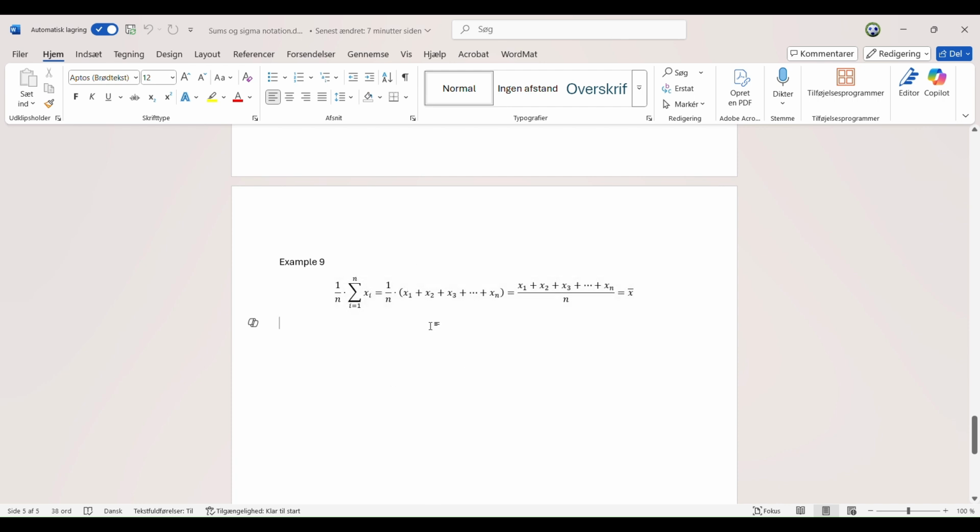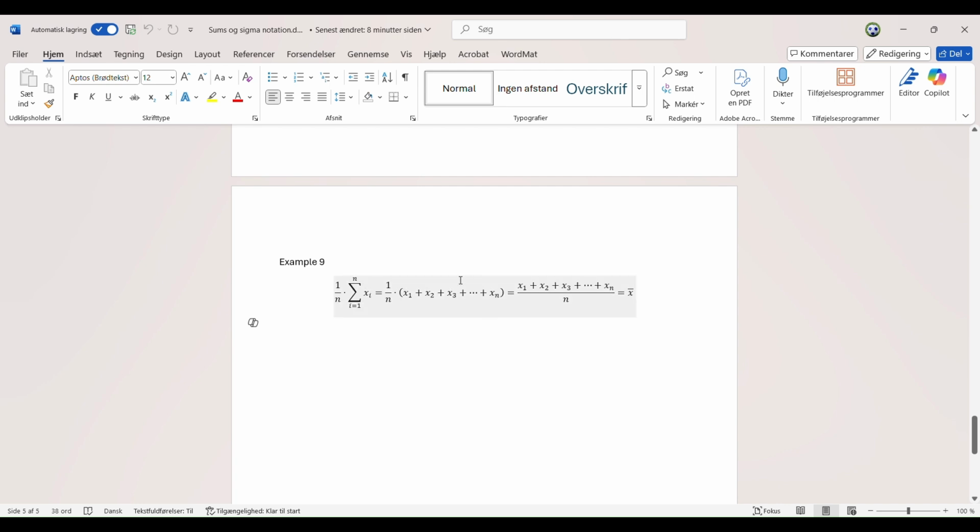So x1 plus x2 plus x3 are just values for x. So that could have been some values in statistics we had used there, or something else. And when we have something that is multiplied onto a fraction, we always multiply it onto the numerator up here.